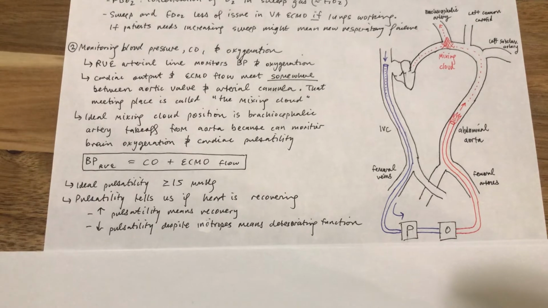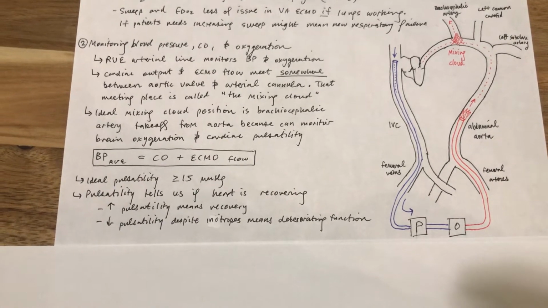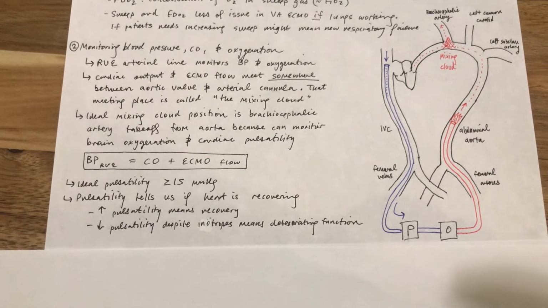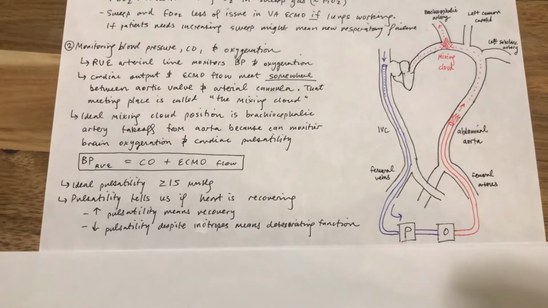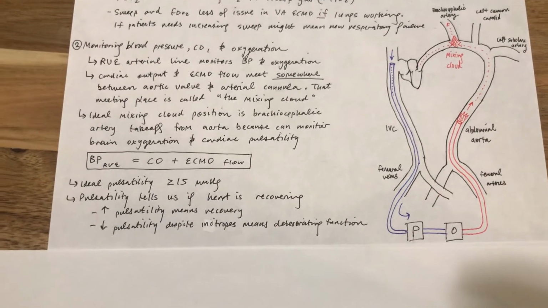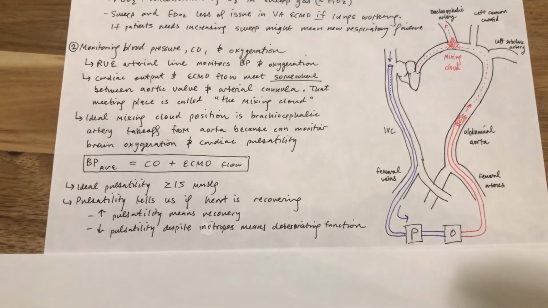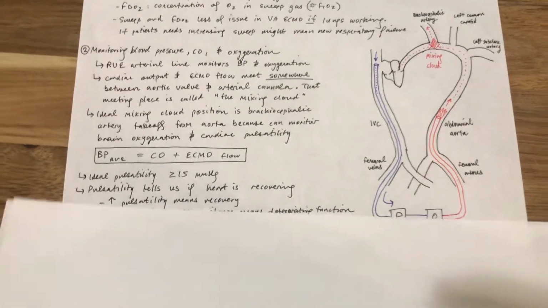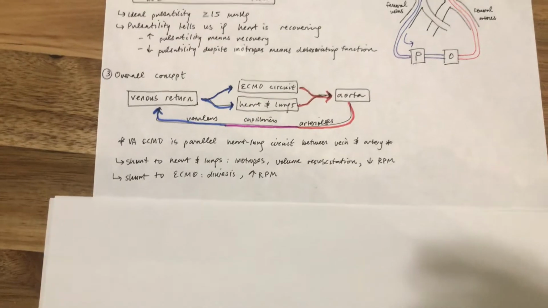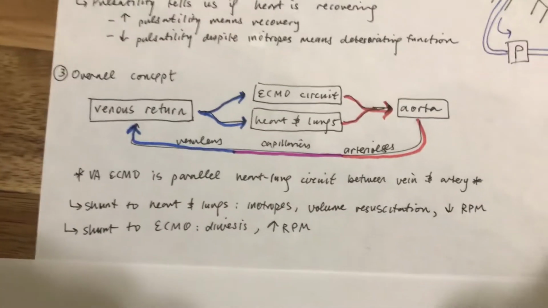So this right upper extremity arterial line tells us a lot of information, and we're going to talk about mixing cloud complications soon. We're just going to take a quick detour and talk about the overall concept of VA ECMO.